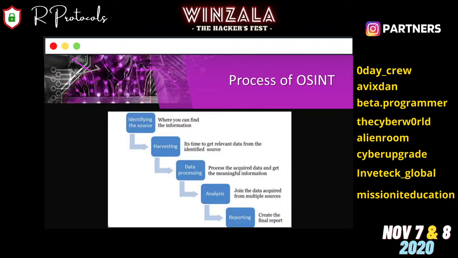Next is analysis, which is joining the data acquired from the different tools and platforms. The final one is reporting, where we finalize the information gathered. So these were the basic processes of open source intelligence.